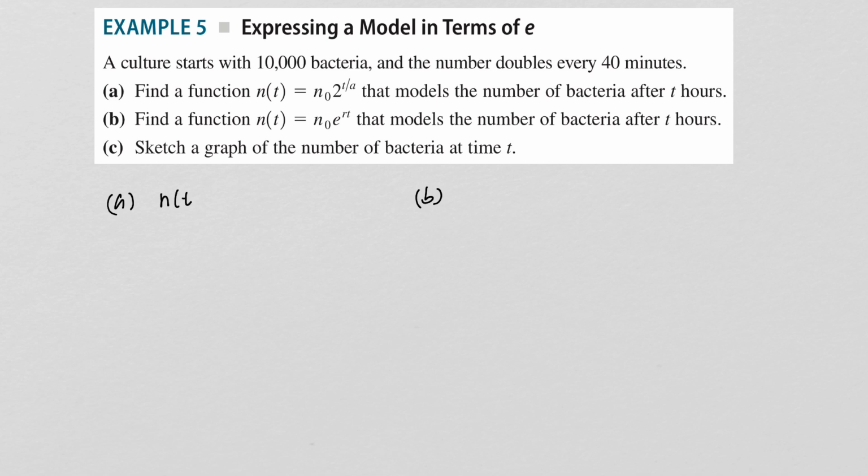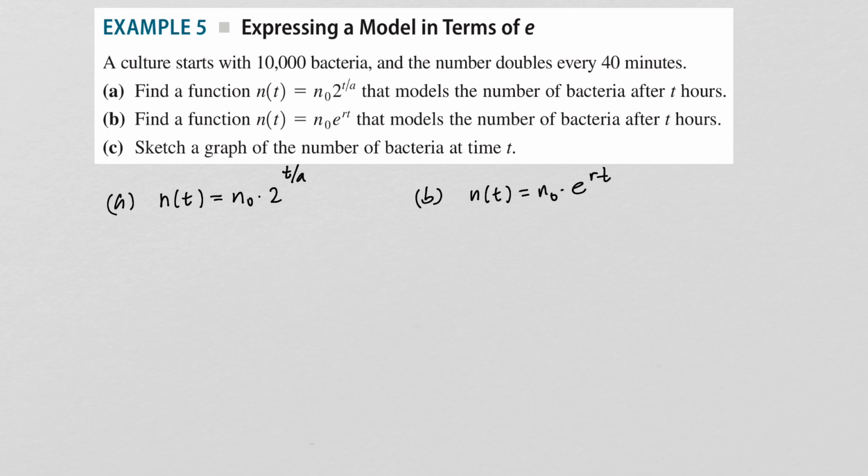One is N of T is equal to N naught times 2 to the T divided by A. So this is the one that we use when we're given information about how long it takes to double. And then we have N of T is equal to N naught times E to the RT. And this one uses information about the relative growth rate.